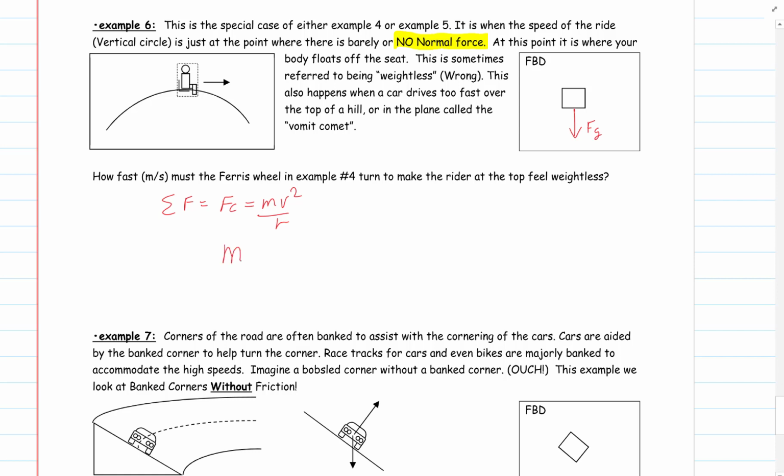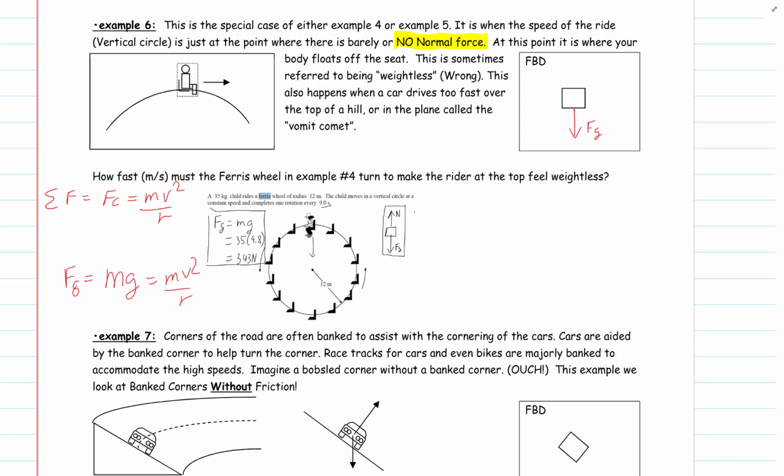So the force of gravity, mg, is equal to mv squared over r. Not r squared, r. There is a question here: how fast must the Ferris wheel turn in example 4 to make the rider feel weightless at the top? That was the 35 kilogram boy. I will have the results for you in a moment.